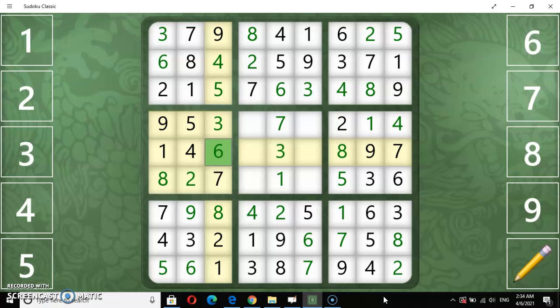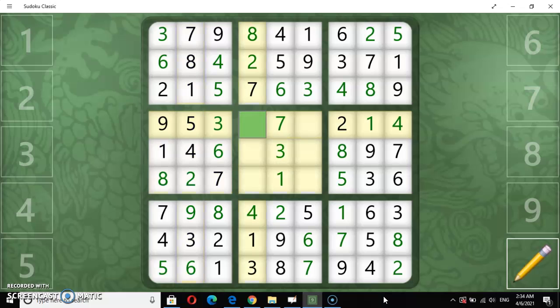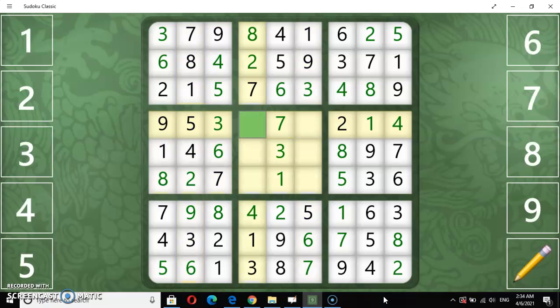Now we have here two cells, here 2 and here 2, then it is done. Which number is not here? 1 2 3 4 5, we don't have 6, we don't have 7. Sorry, we already have 7 there. So which number? 1 2 3 4 5, we need 6 and we need 8.